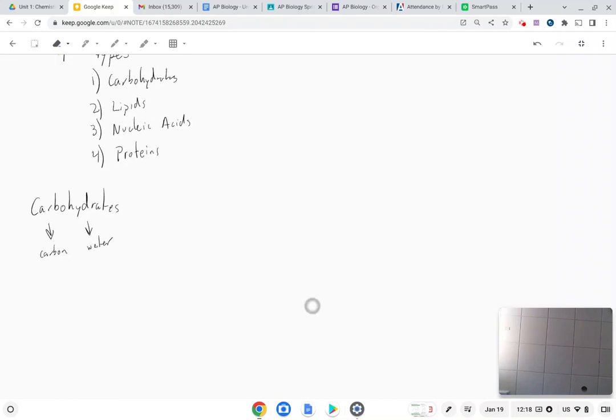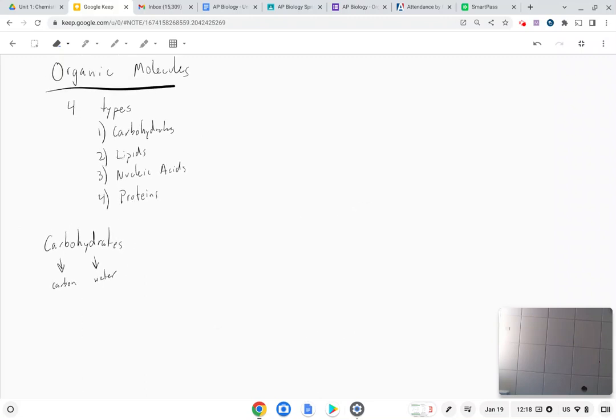So if you break apart the word carbohydrate, it gives you a little clue as to what it might be made of. Think of it as basically being made of carbons, hydrogens, and oxygens in a 1 to 2 to 1 ratio.